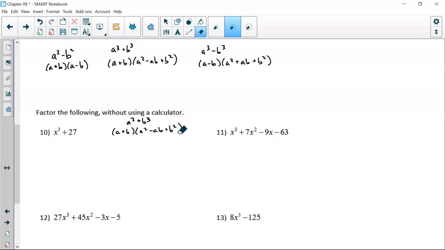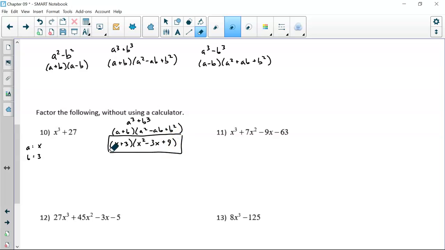To use that pattern, a is the cube root of x cubed, which is x, and b is the cube root of 27, which is 3. So it's x plus 3. When you square the x, you get x squared, minus 3 times x, and then 3 squared is 9, so plus 9. That's what you get when you factor.